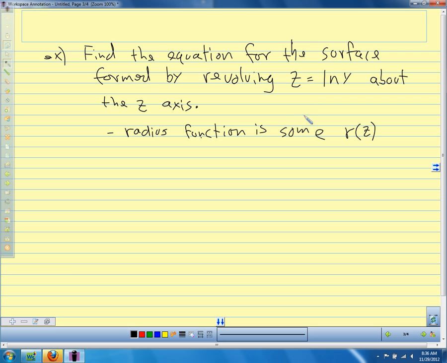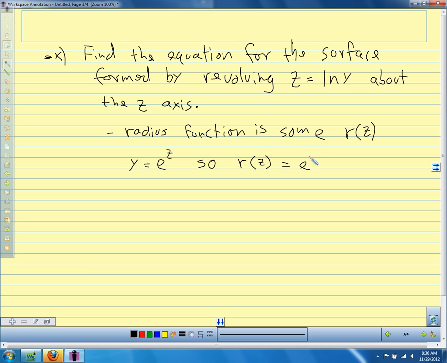So what are we going to do with our curve here to give us a function of z? We can rearrange this and say y equals e to the z. Easy, just like I always say, right? So our radius function, this is our r of z.